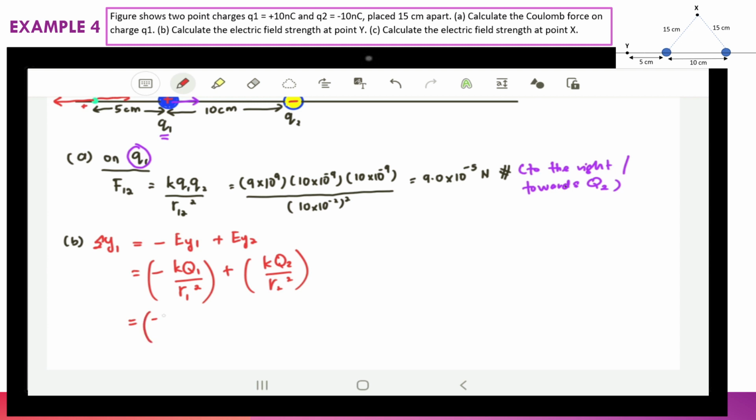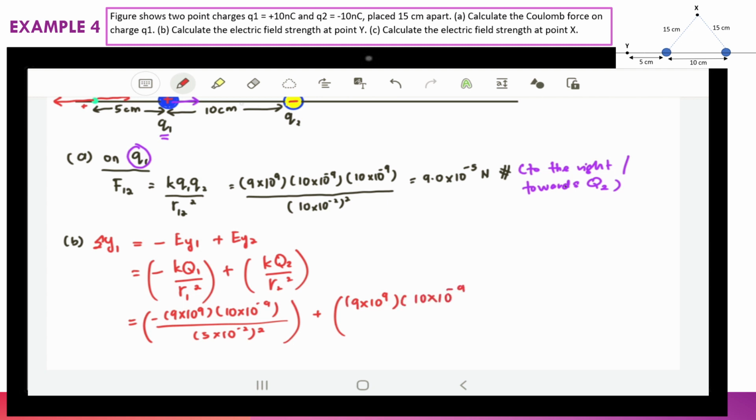So we have negative 9 exponent 9 and q1 is 10 exponent negative 9 over r1 is, so the distance between Y and Q1 is 5 centimeter. So 5 times 10 power of negative 2 squared. Don't forget squared.